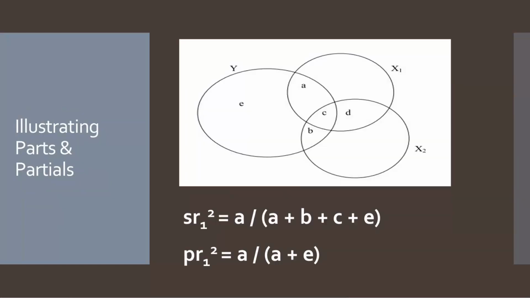We've used this diagram here, and all the different parts of the diagram are indicated with these letters. And we have the notation that we can use to indicate a semi-partial, showing that we are removing some of the variation of a variable from the explanatory variable, whereas in the partial correlation, we're removing a variable from both the explanatory and response variables.